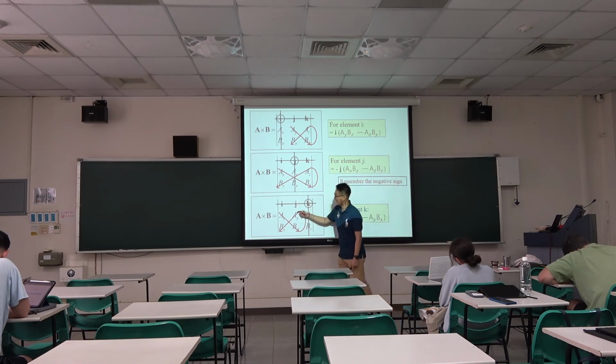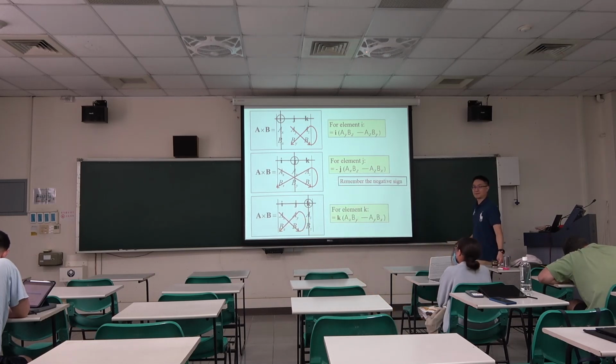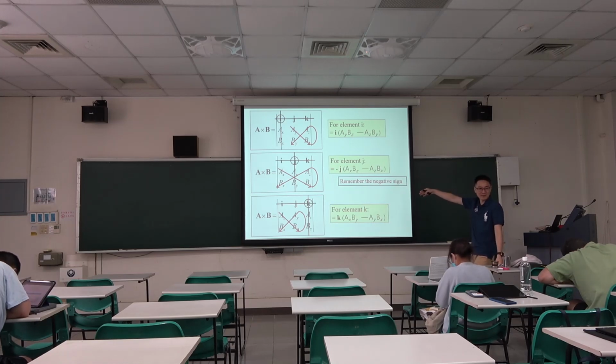Then rotate, this one is negative. Clear? That's a way to help you remember. I don't know whether there is any better approach, but I also use that way to remember this.